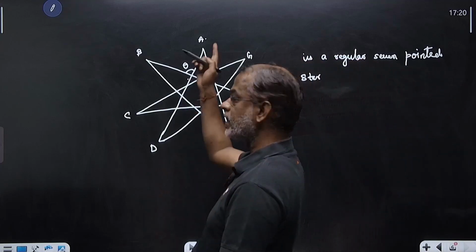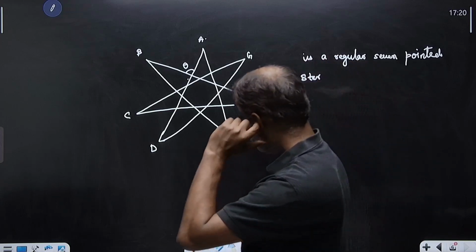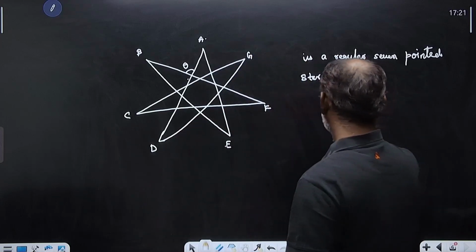So as such, it is vertices of a regular polygon. Okay, let me draw it like this.